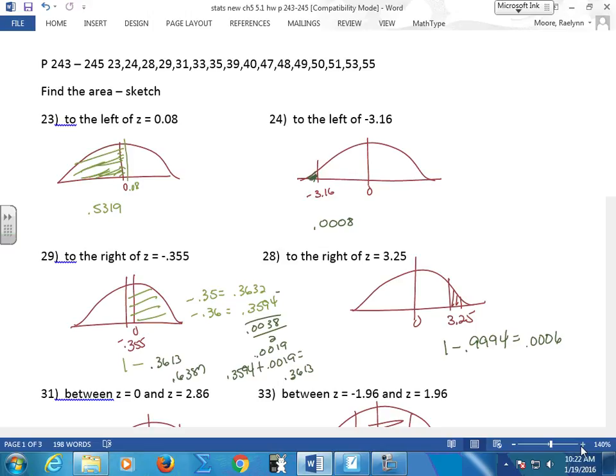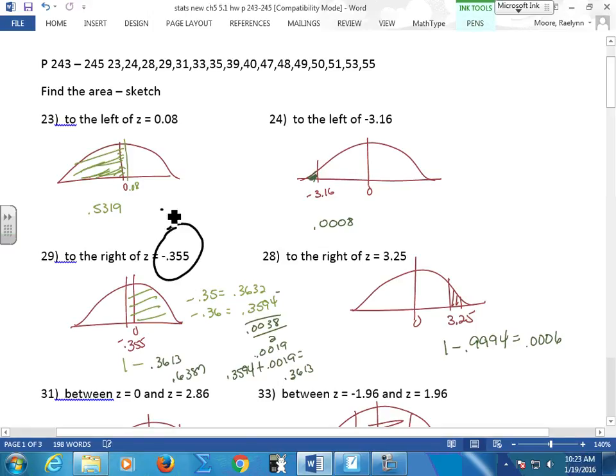If you rounded this in your table, it would look to be this. What you also could do is what we call extrapolate. Notice that this falls exactly halfway between the 0 and the 5.